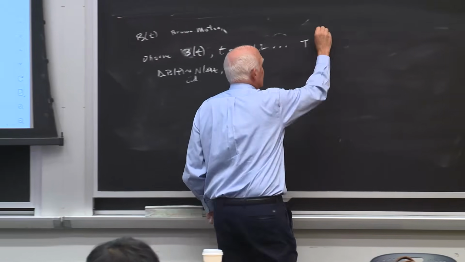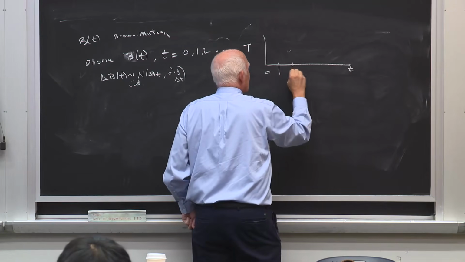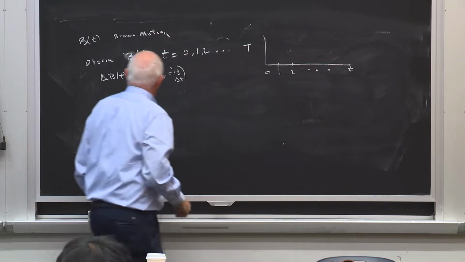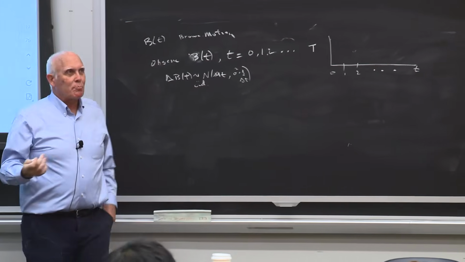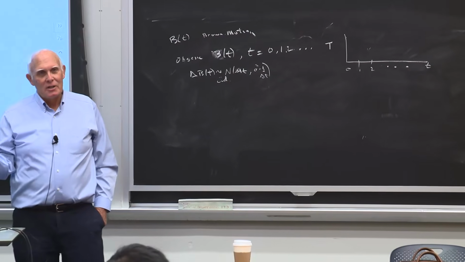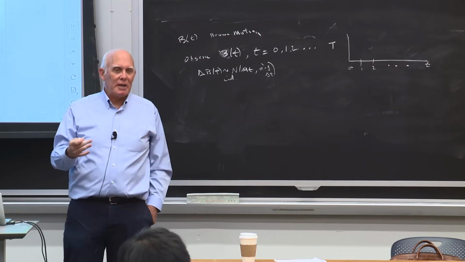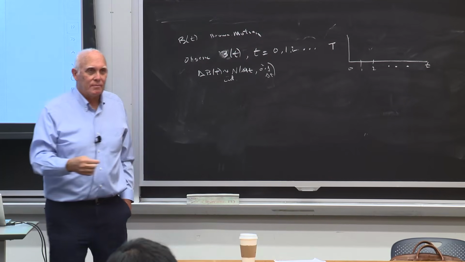So we have basically time points 0, 1, 2, and so forth. If instead of observing the process at equal increments of time, let's consider the possibility that the time increments are random.